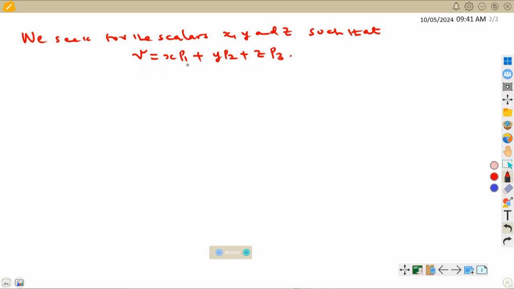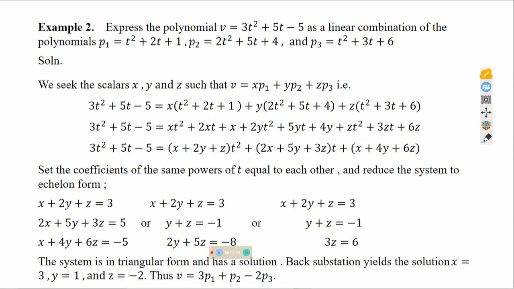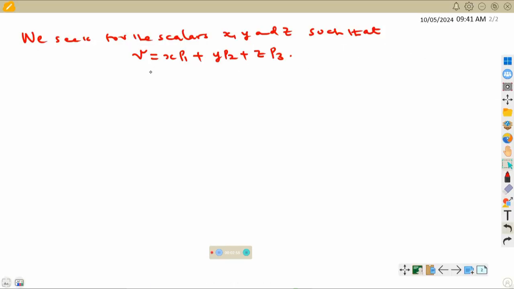But what is v? What is p1, p2, and p3? We already have our v as 3t squared plus 5t minus 5. So we shall substitute for v, p1, p2, and p3 within this expression.